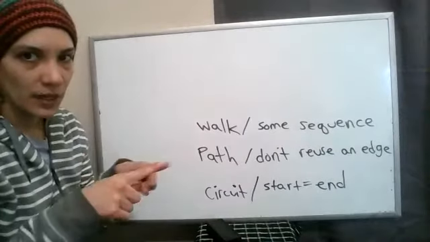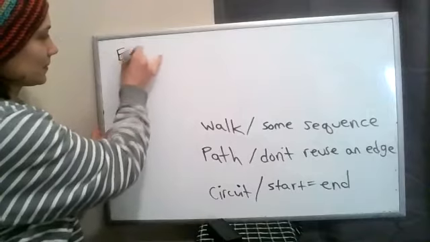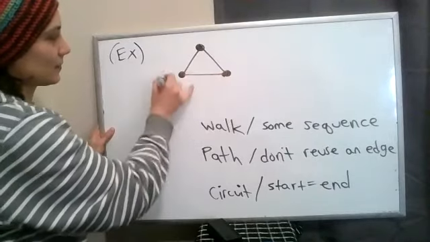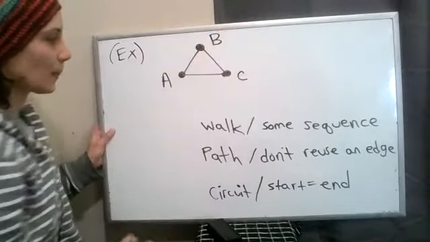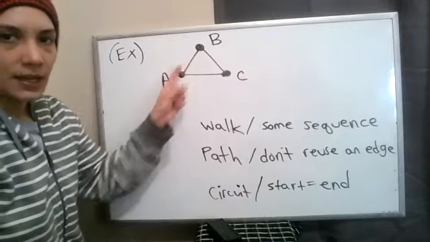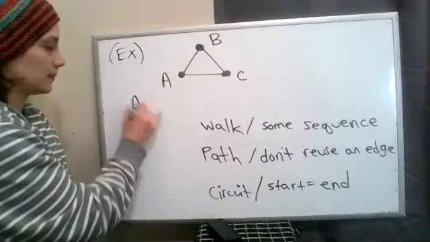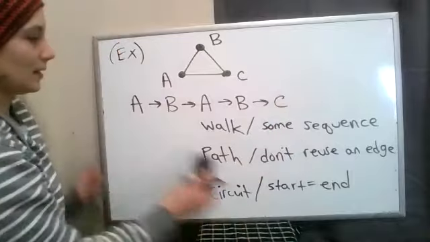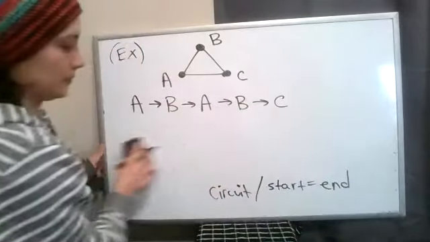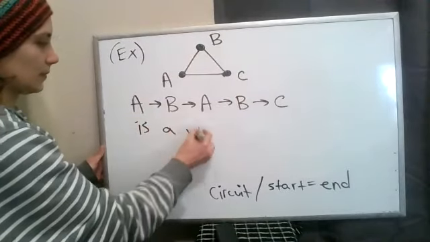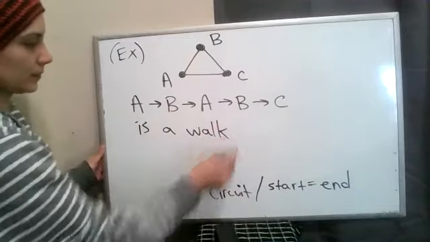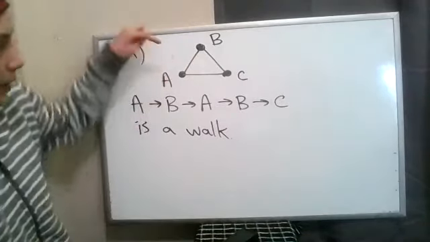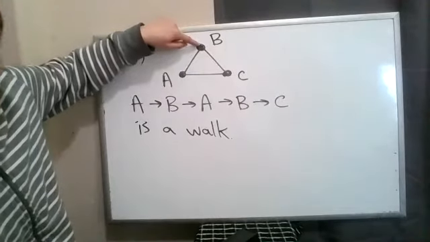Okay, the first graph is just going to be a triangle. If you go A, B, C, that's a walk. If we go A, C, B, that would be a path.